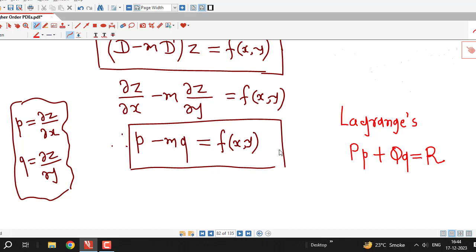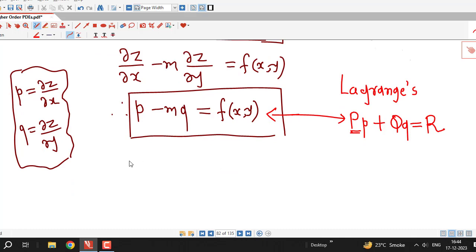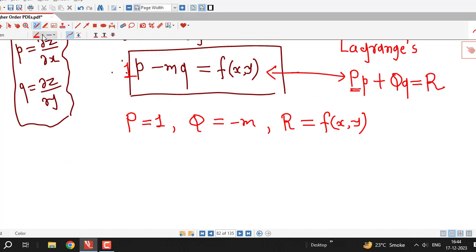So you can see that this is nothing but the Lagrange equation. If we compare this equation with this standard form, then we find that capital P is the coefficient of small p, which is 1, capital Q is the coefficient of small q, which is minus m, and R is the function on the right hand side, which is f here. And we know how to solve the Lagrange equation.